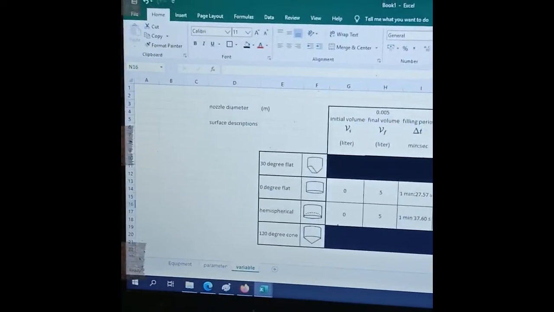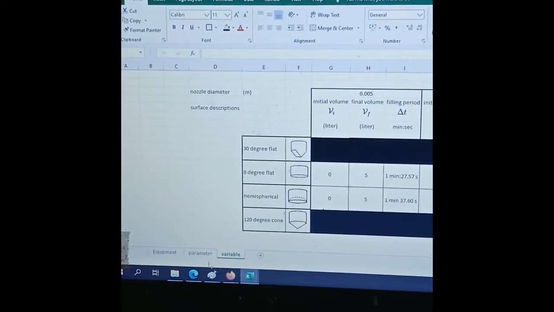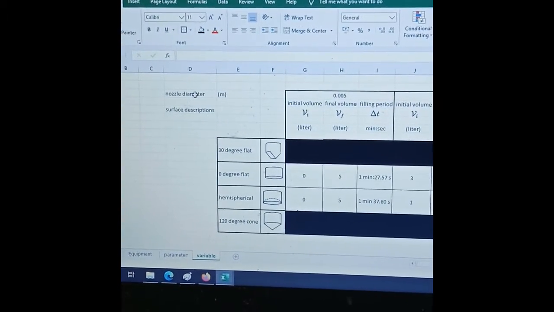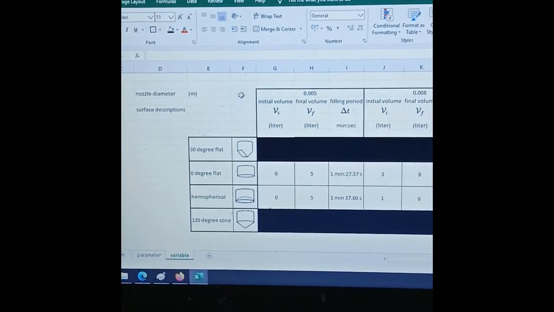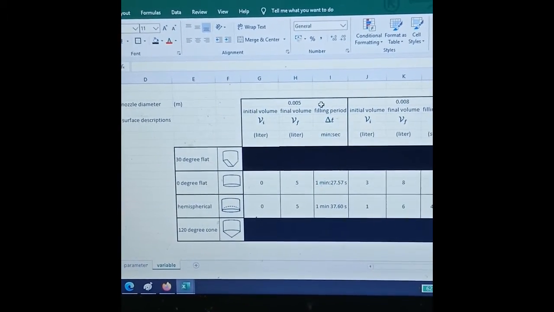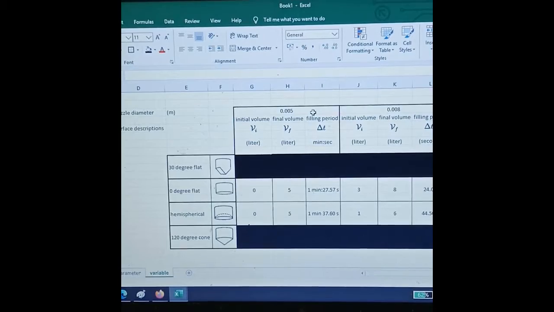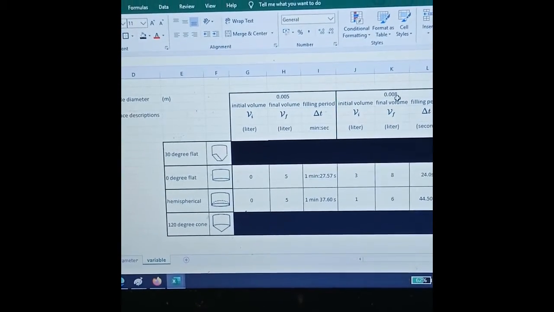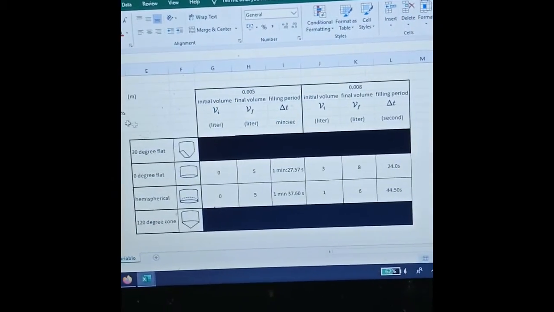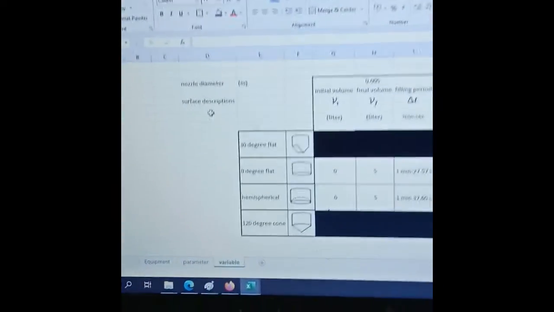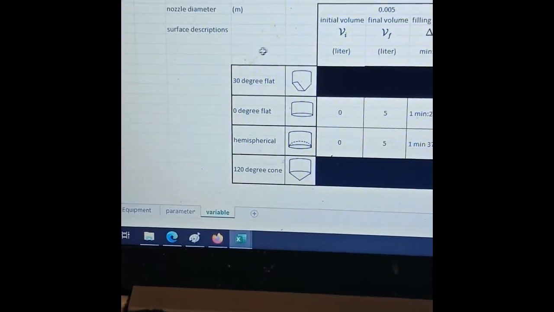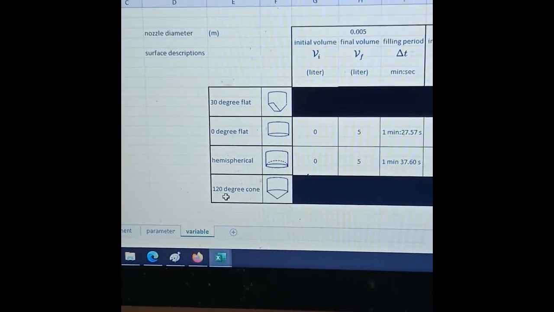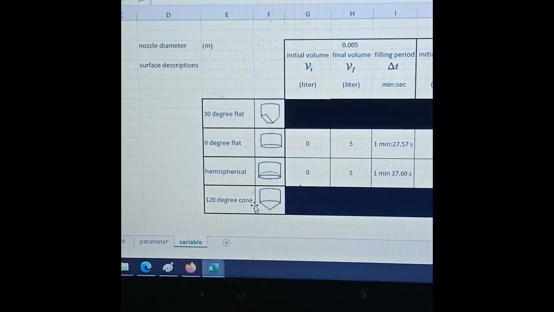This is the third worksheet. These are the two nozzle diameters that we use: 5 mm diameter nozzles and 8 mm diameter nozzles. We have the surface description given by the 30-degree flat, 0-degree flat, hemispherical, and 120-degree cone.